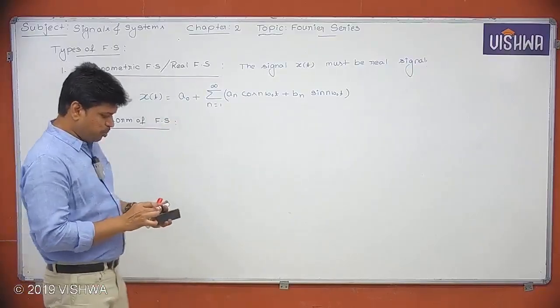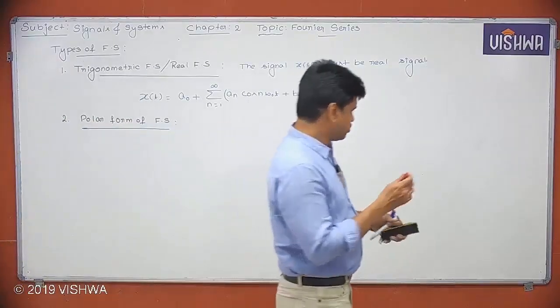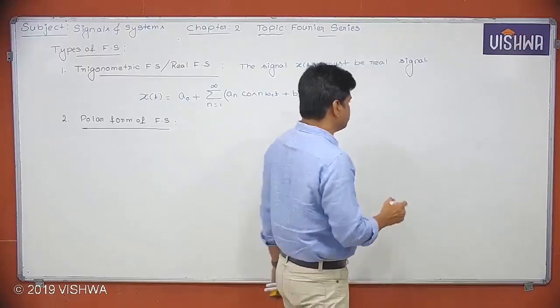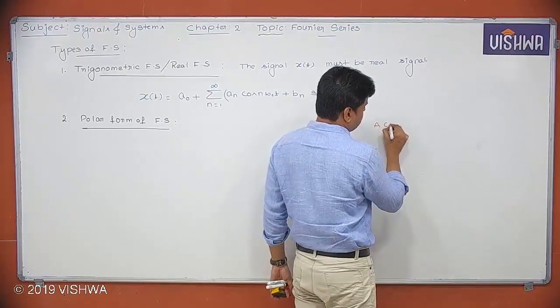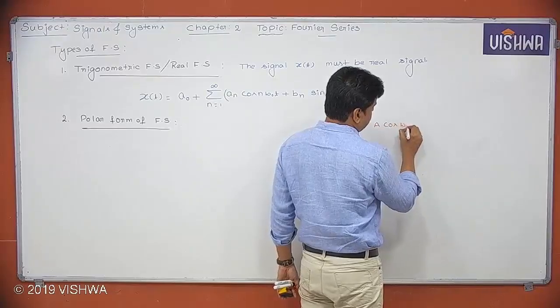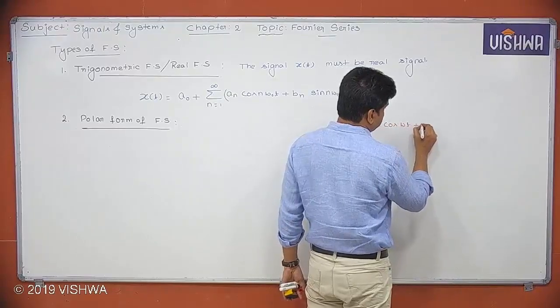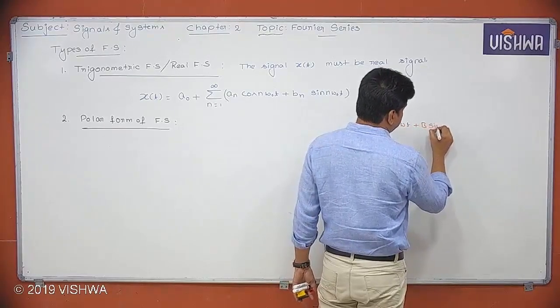So you might know this expression. Suppose we have A cos omega t plus B sin omega t.